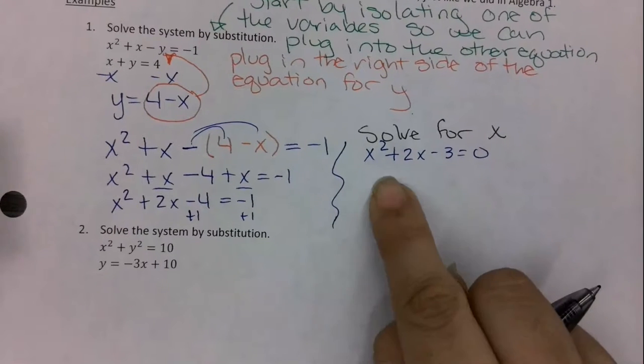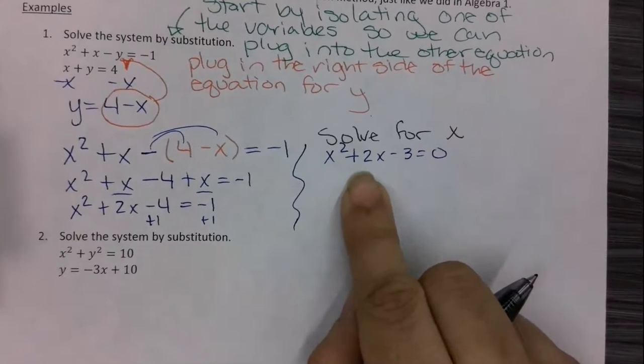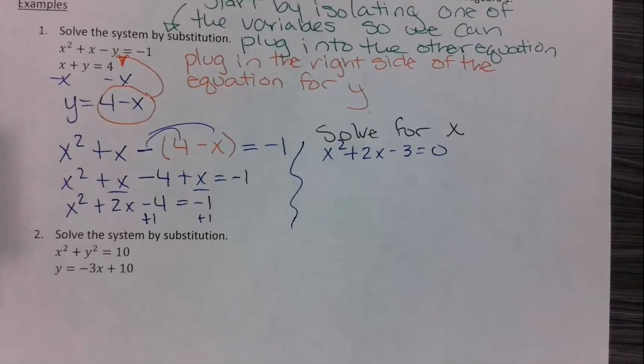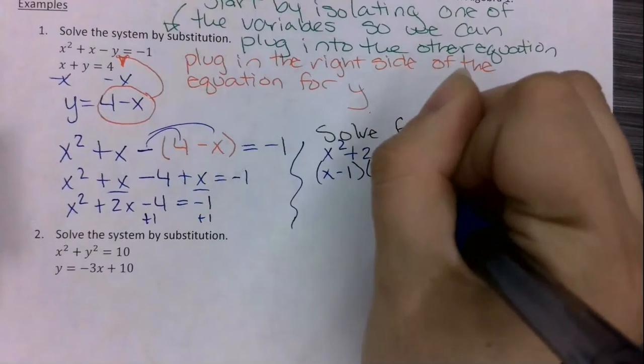What multiplies to negative 3 and adds to positive 2? Negative 1 is right. Positive 3.